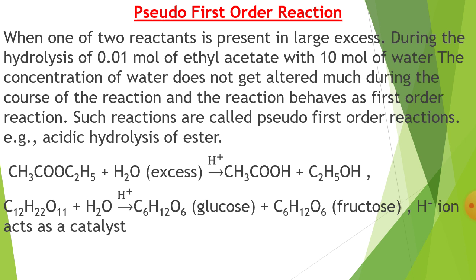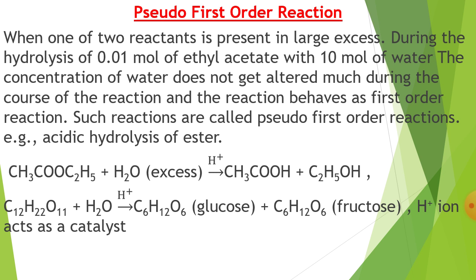So how can you know whether a given reaction is first order or pseudo first order? If out of two reactants, one is in large excess, maybe water, in the medium, in that condition the reactions are pseudo first order reactions. Here, in NCERT two reactions are given, one hydrolysis of ester and one inversion of cane sugar. So both are written here.